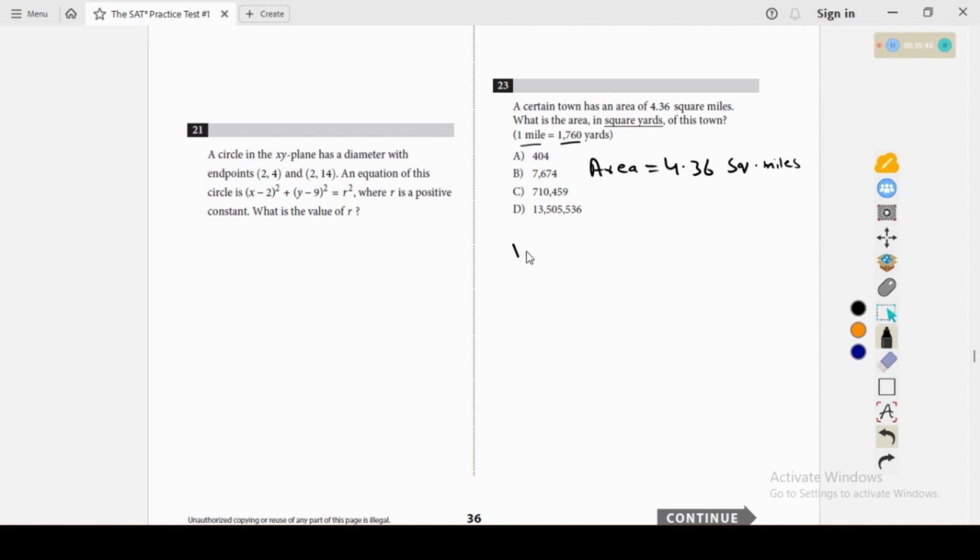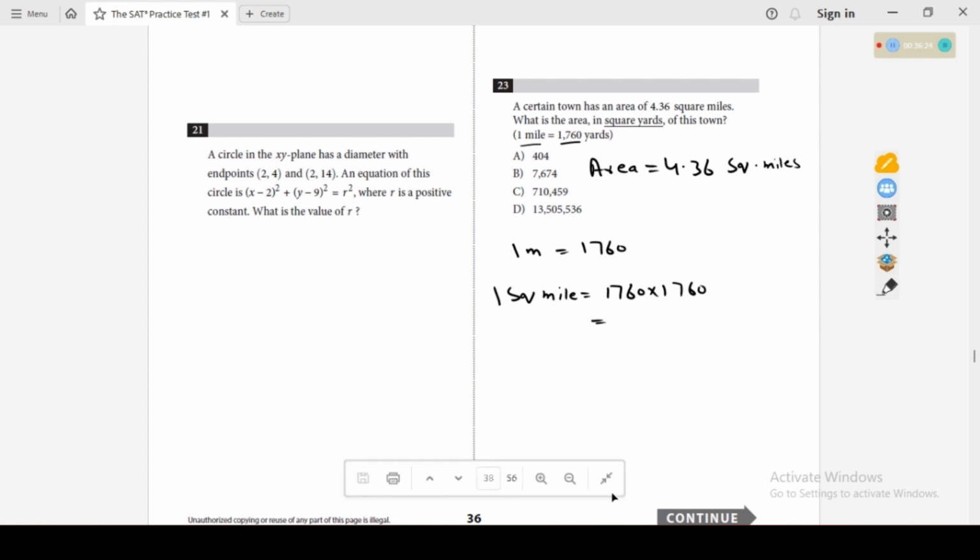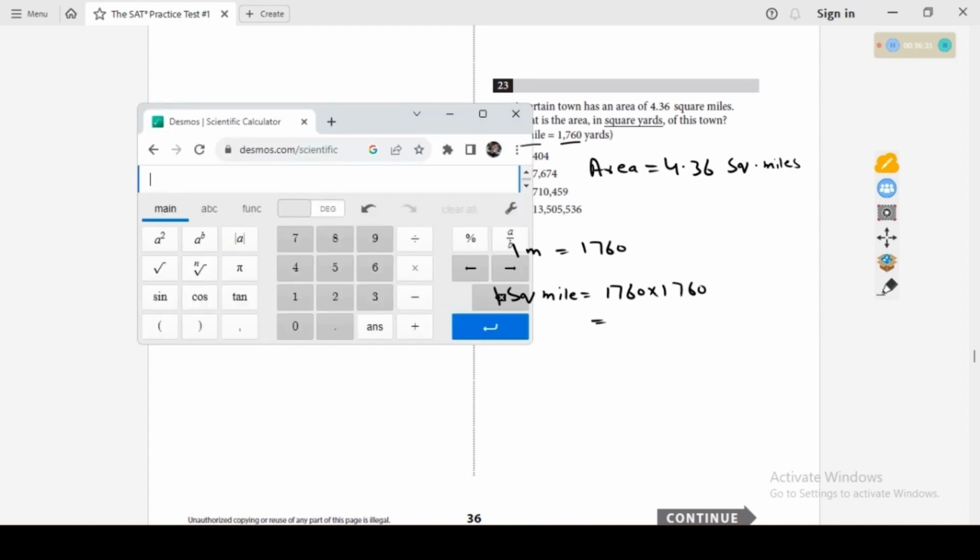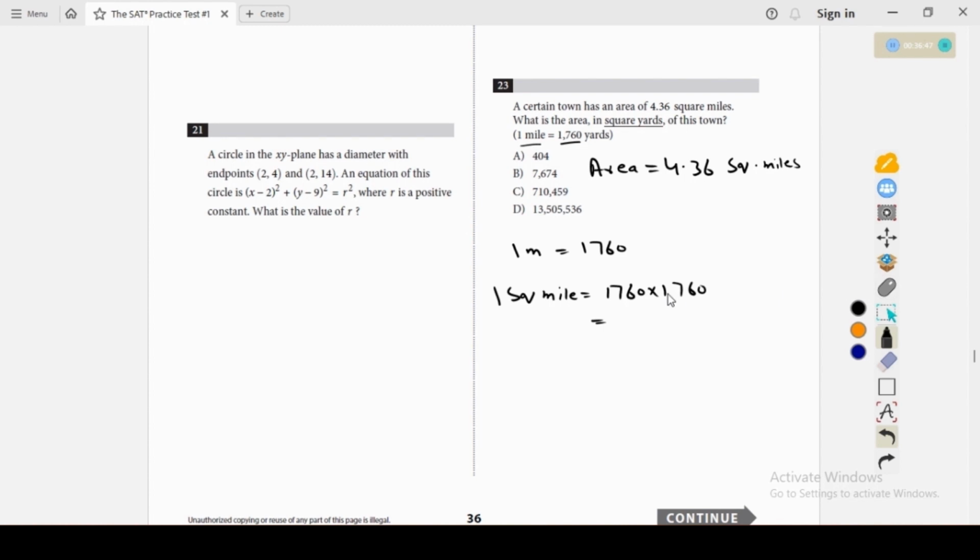Since 1 mile equals 1760 yards, 1 square mile equals 1760 times 1760, that is 1760 squared, which is 30,97,600.